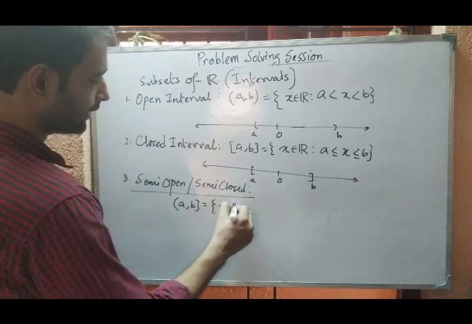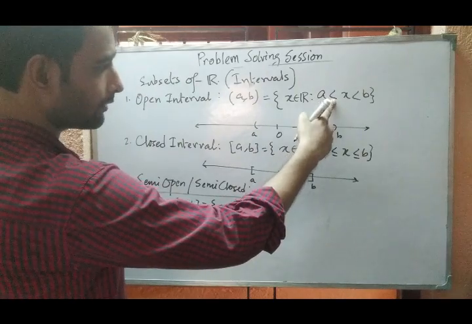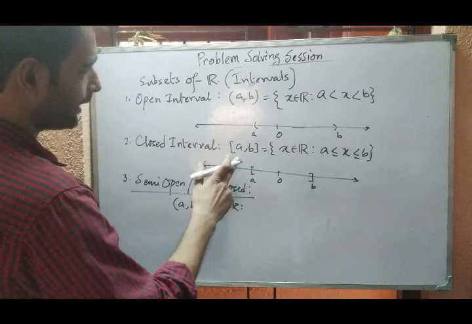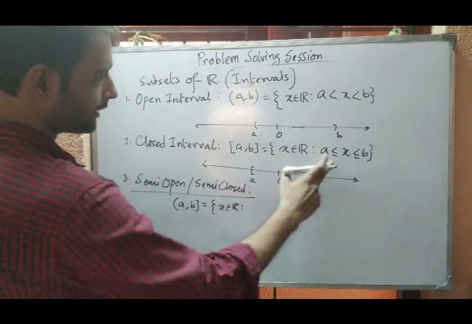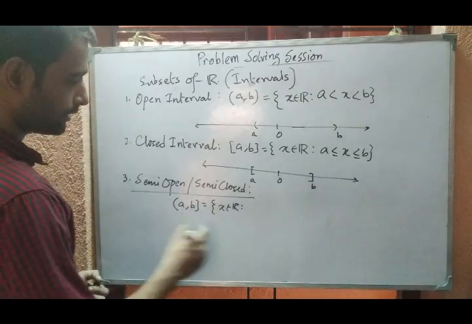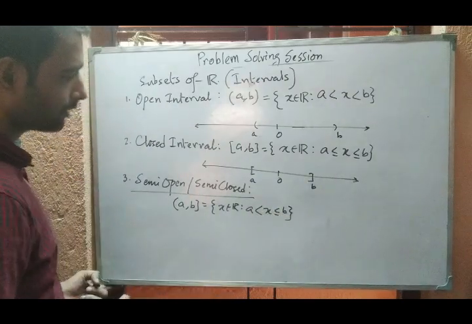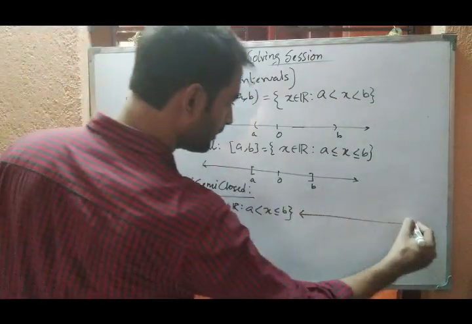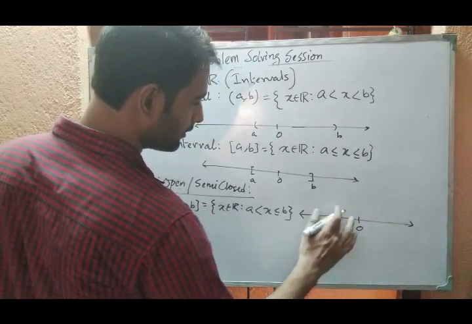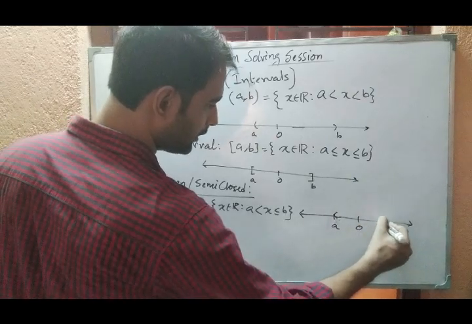Whenever there is a round bracket, it comes with a strict inequality, strictly less than, and whenever it is a square bracket, it comes with less than or equal to. So here both are present, so we can write a < x ≤ b. That means in the real line, a will not be included in the set, but b will be included in the set.